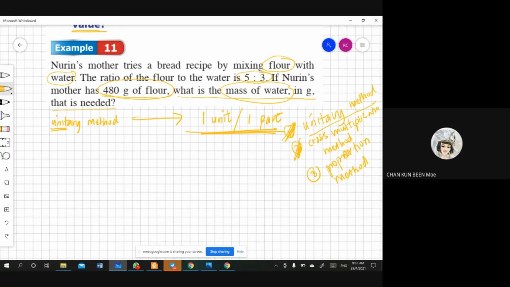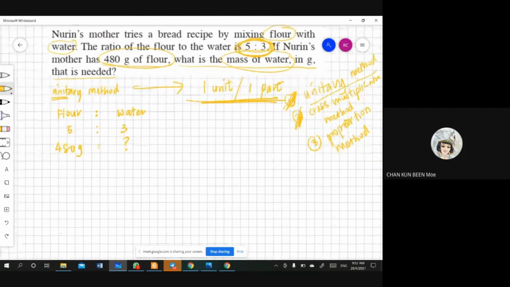Okay, now we go back to the question. So we have two quantities involved, flour and water. In this flour and water, the ratio over here is given 5 to 3. This part over here, 5 to 3. After that, they ask if her mother used 480 grams of flour, how much is the water needed?